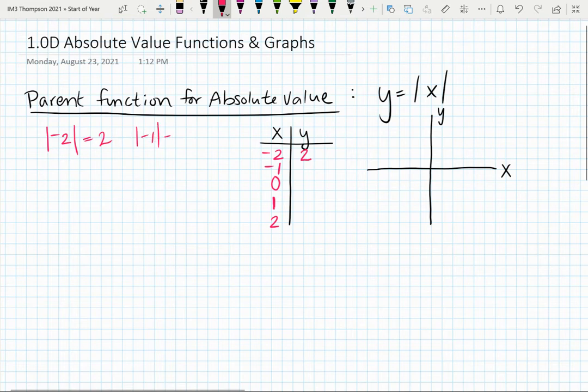Absolute value of -1, similarly, -1 is just 1 unit away from 0. There's going to be a 1. The absolute value of 0 is just 0.